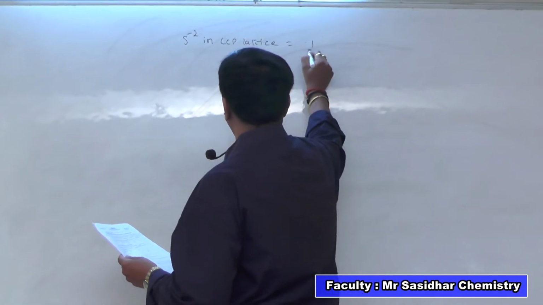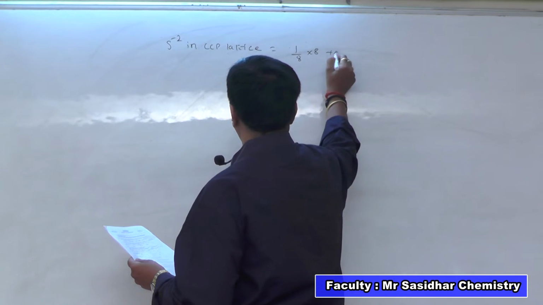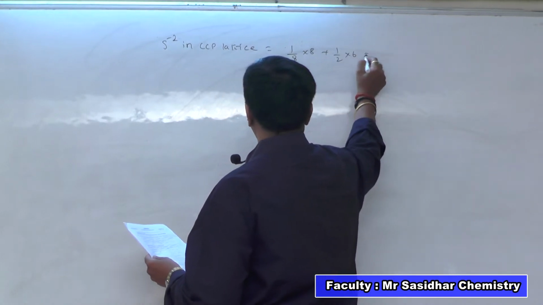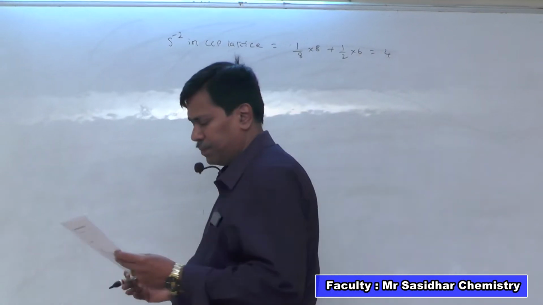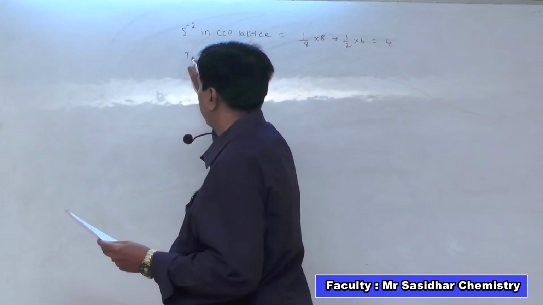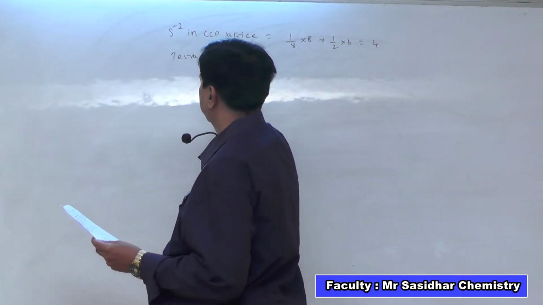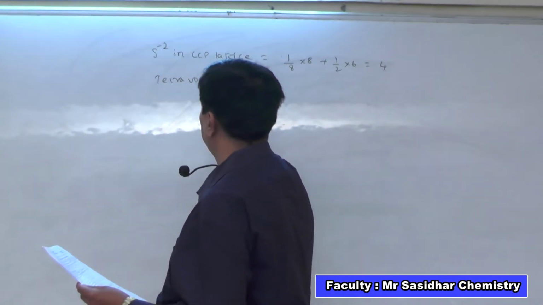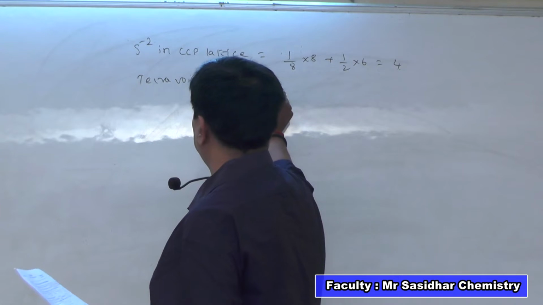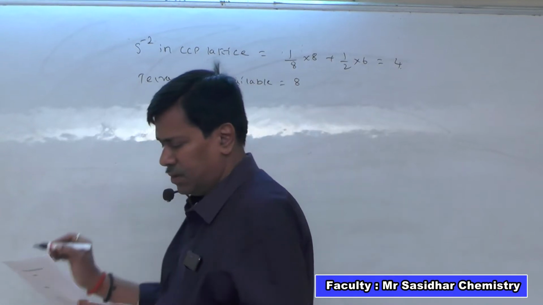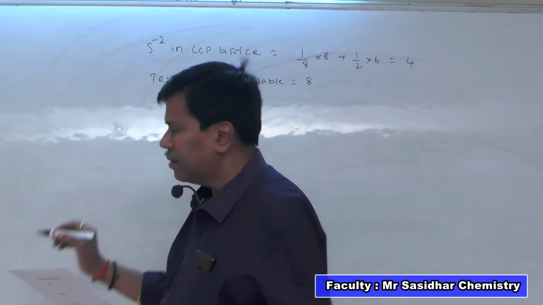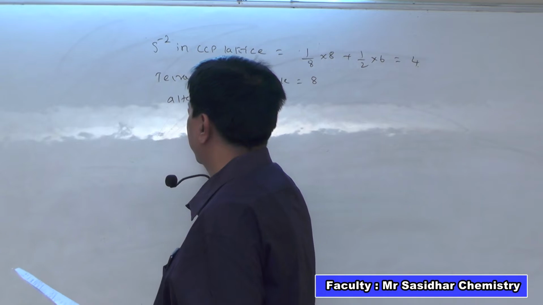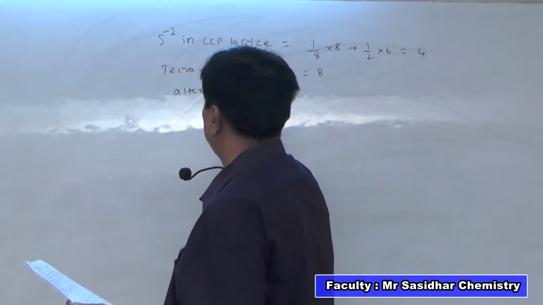So that will be 1 by 8 into 8 plus 1 by 2 into 6, which will be 4. Tetravoids available are 8, and alternate voids are occupied.